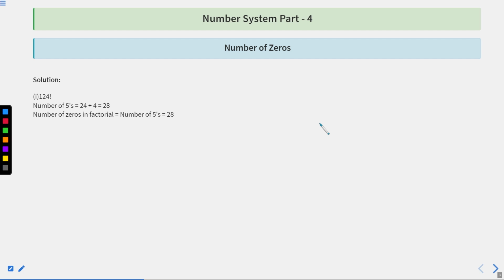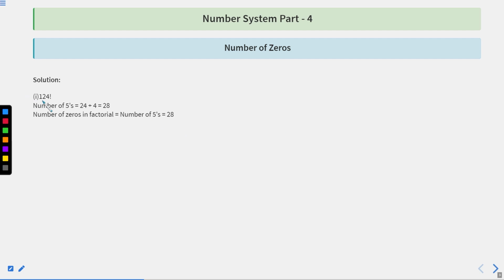We mostly try to find the number of 5's, because if the number of 5's is m, then we are most of the time able to find m 2's also. So if I find the number of 5's in that number, then it works.